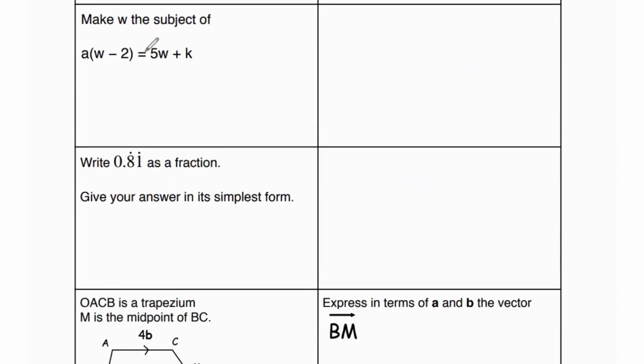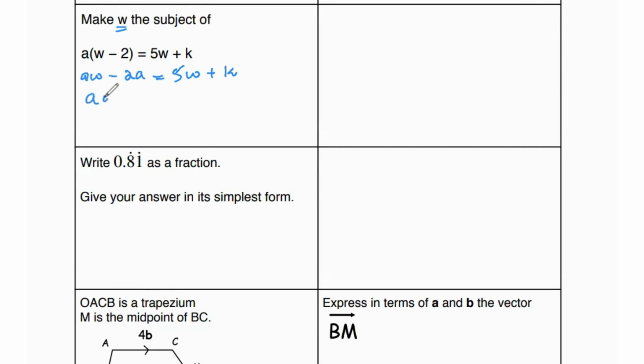Next, it says, make w the subject of a times (w minus 2) equals 5w plus k. So we begin with expanding the bracket. aw minus 2a equals 5w plus k. Since we're supposed to make w the subject, I'm going to collect all of the terms for w on one side, which means I'm going to swap 5w with 2a.